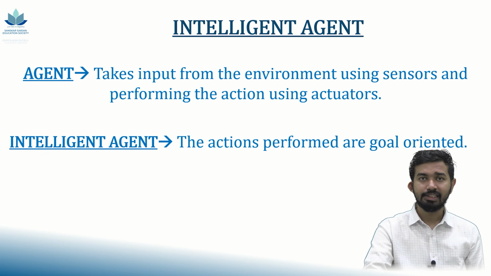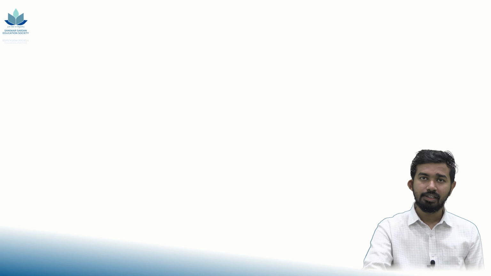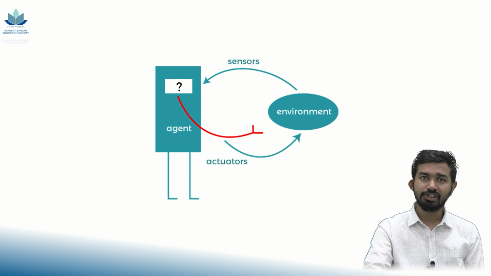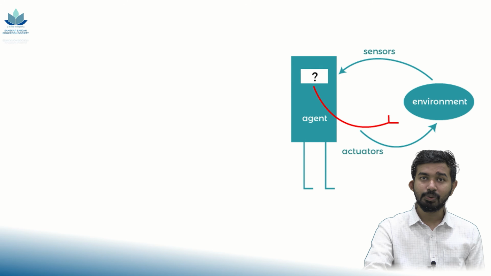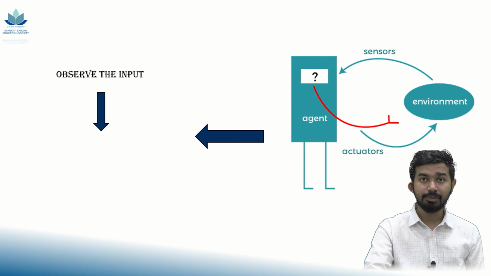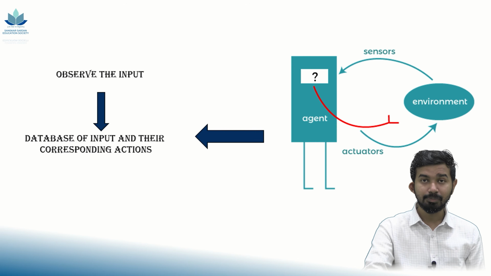See, in this example, there is a normal agent which is taking the input from the environment and performing the action to the environment. But in the background, what is it doing? First it will take the input and observe that input. Now the agent has some database, some knowledge base, some data.